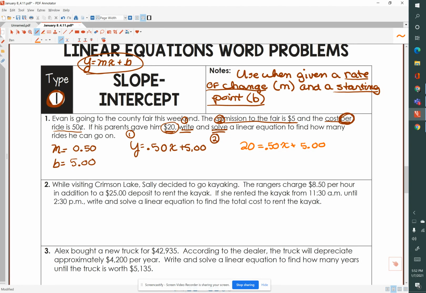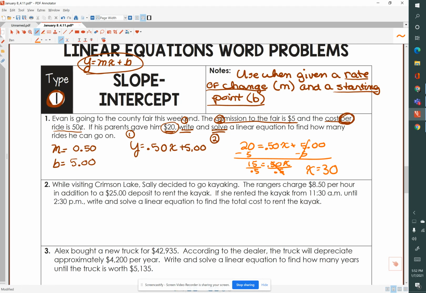And all we need to do is solve it. So let's subtract 5 from each side of the equation. And we have 15 equals 0.50x. And then we'll divide both sides of the equation by 0.5. And x equals 15 divided by 0.5 is 30.